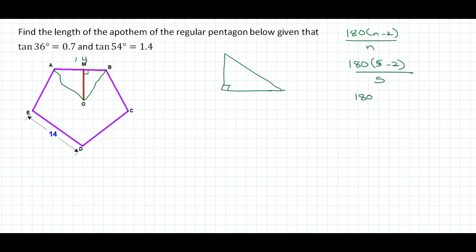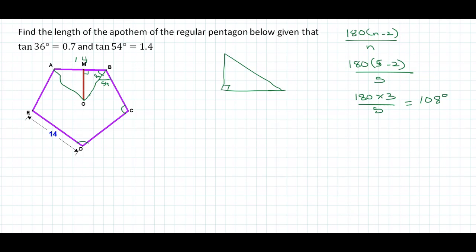So 180 multiplied by 3 divided by 5. This is going to give you 108 degrees. So you have 108 degrees for each of these right here. And then we're going to have 54 degrees for each side here.